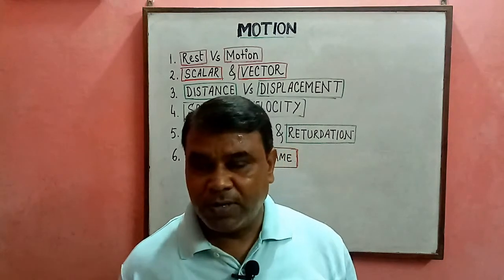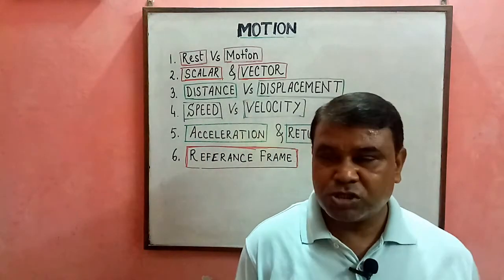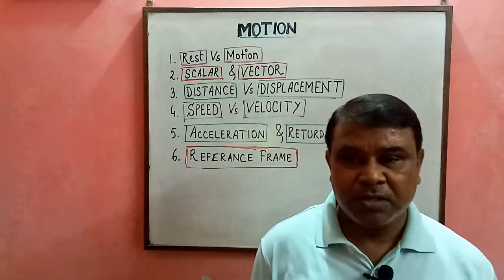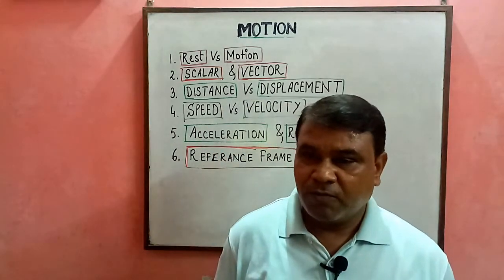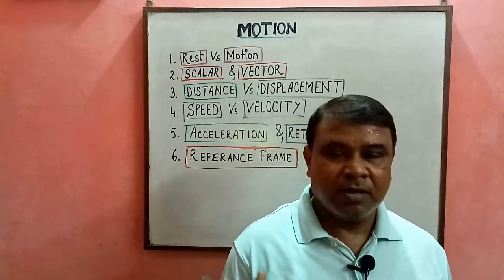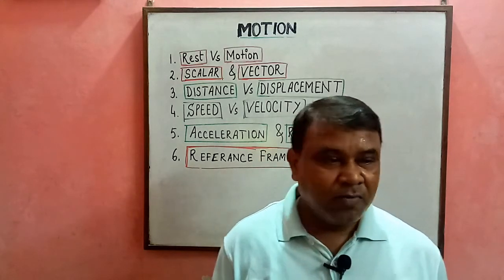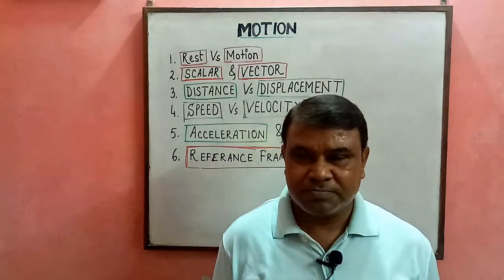Normally what we do in our day-to-day life, like we weigh our goods, we count many chocolates. For counting, for measuring length, for weighing weight, we do not need any direction.